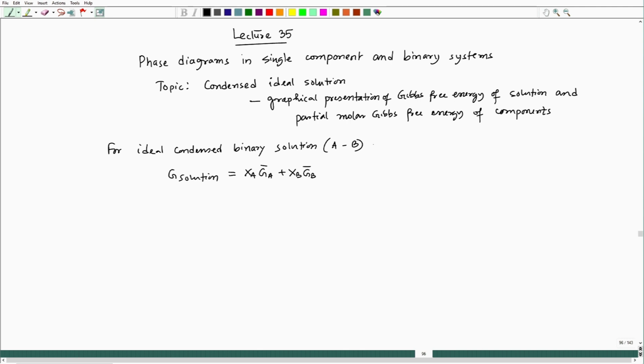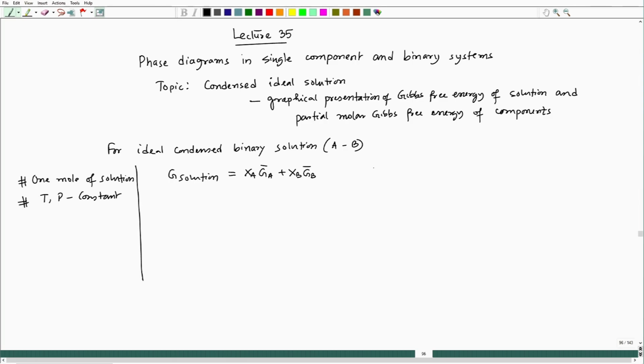And remember, we are considering 1 mole of solution, and temperature and pressure are constant.